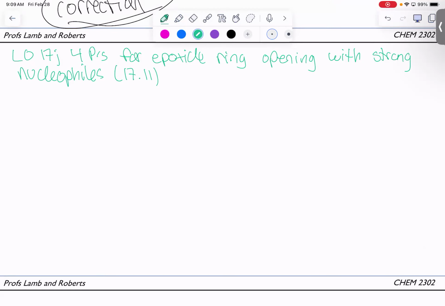All right, so we need to start thinking about what is a strong nucleophile. We can think of something like an organometallic reagent as a strong nucleophile. So strong nucleophiles, we'll start a list here. We can think about things like organometallics.